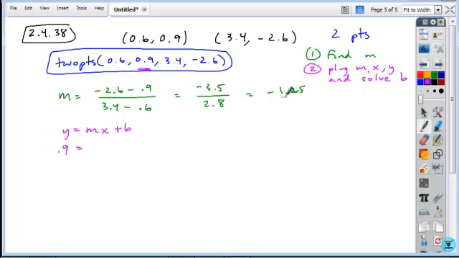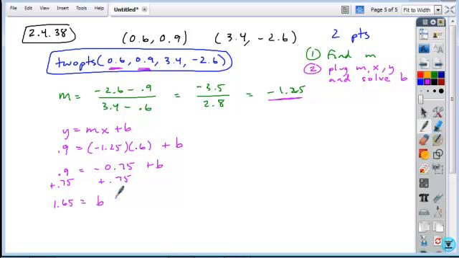Substitute in the slope that we just found, negative 1.25. Substitute in the corresponding x value, which was 0.6. And then solve for b. In doing this, you wind up with 0.9 is equal to negative 0.75 plus b. If we add 0.75 to both sides, we get b is equal to 1.65.